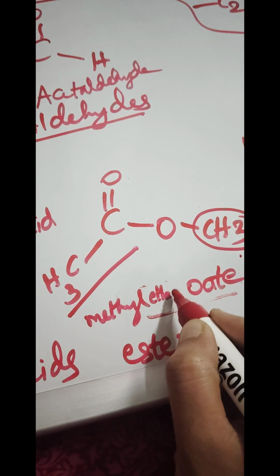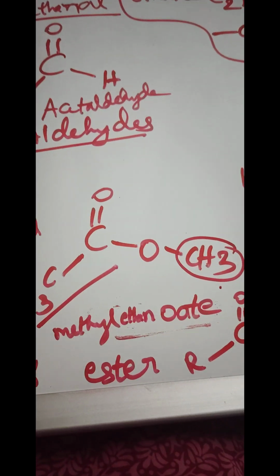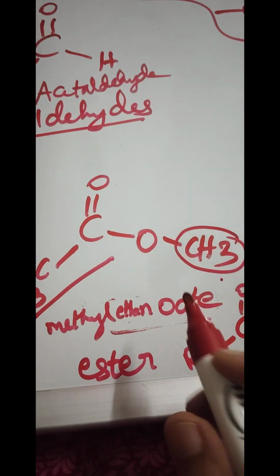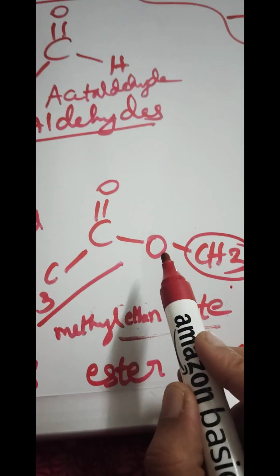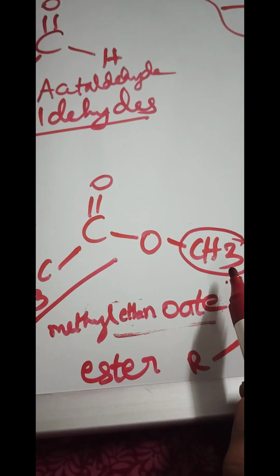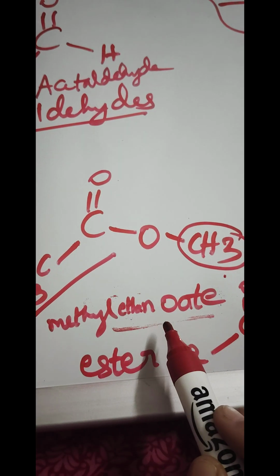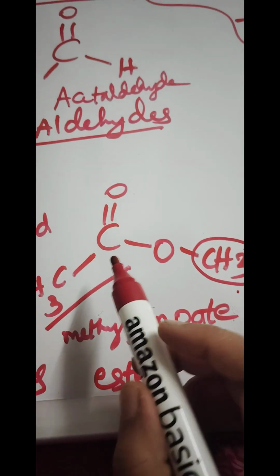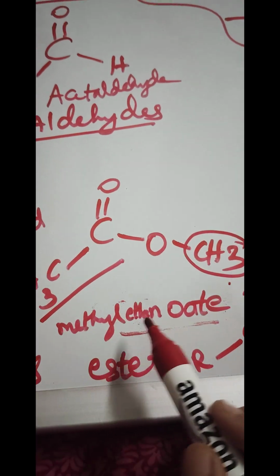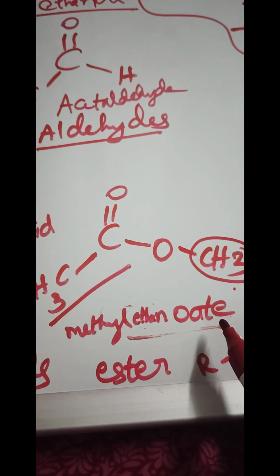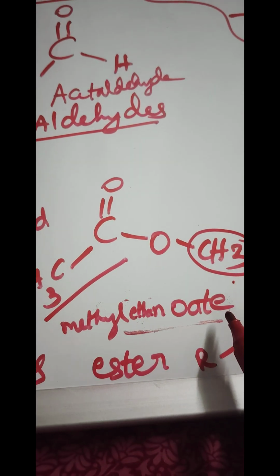What is the name of this? Methyl ethanoate. Okay, this is the ester nomenclature. Listen once again. In ester nomenclature, if you find the C double bond O followed by a carbon like an alkyl group, you have to write the name with the sound OATE. There are 2 carbons in the chain, so ethanoate, and there is a methyl group, so methyl ethanoate. Okay, so this is about esters.